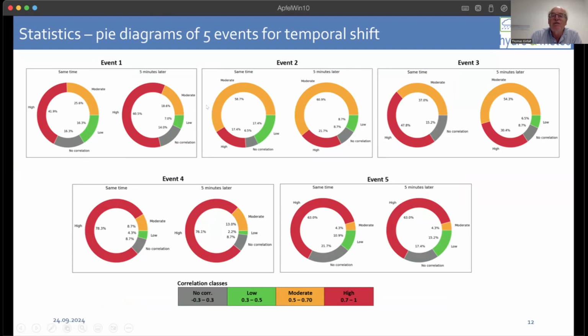And this is for event 2, not as pronounced, but also visible. Here it is not really a difference. Event 4 is not very different either, and neither event 5. We still need to look more into that.